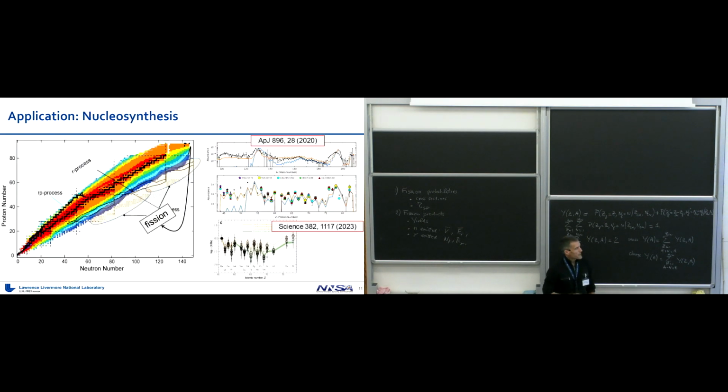And then the other application is nucleosynthesis, and I already talked several times about that. The rapid neutron capture process takes place typically in a neutron star merger. That's a hot topic these days. It may also take place in supernovae and other exotic types of merger, like a neutron star and black hole. In those environments you have zillions and zillions of neutrons, a huge neutron flux, and so you have nuclei which will absorb those neutrons.